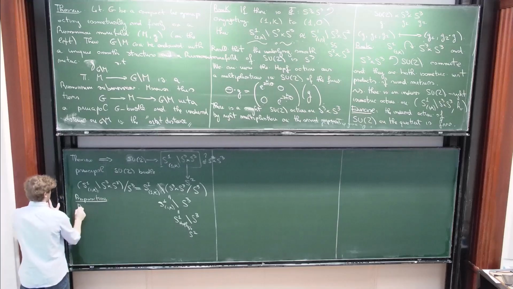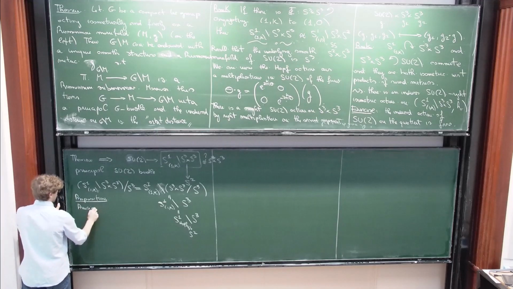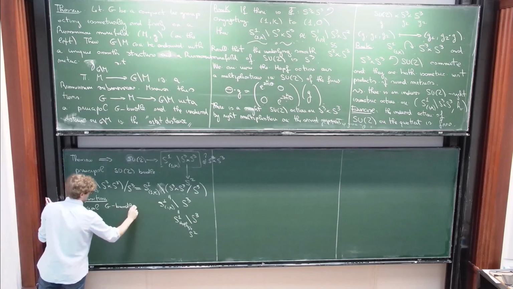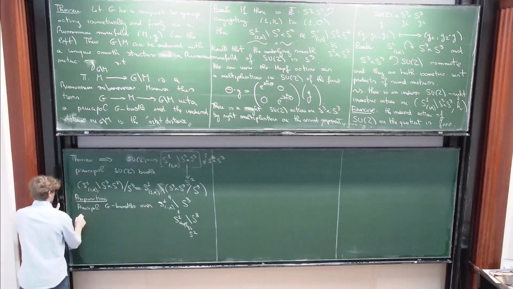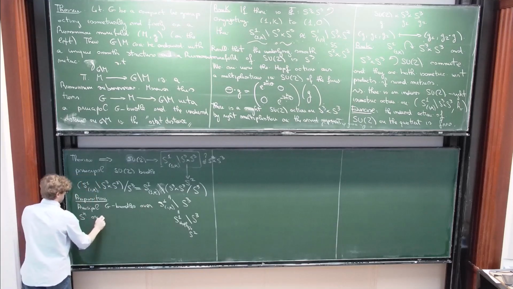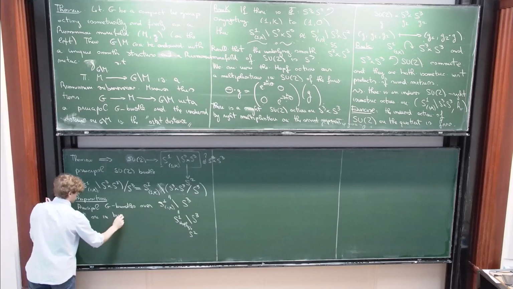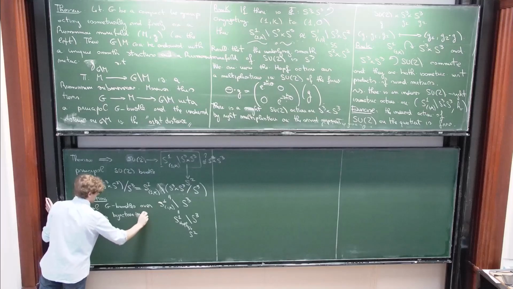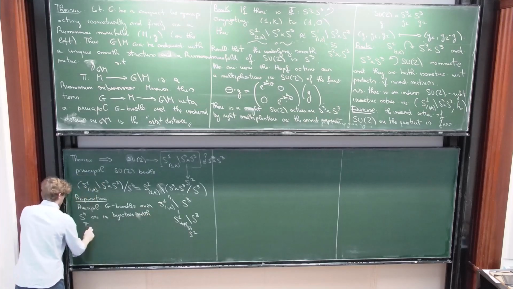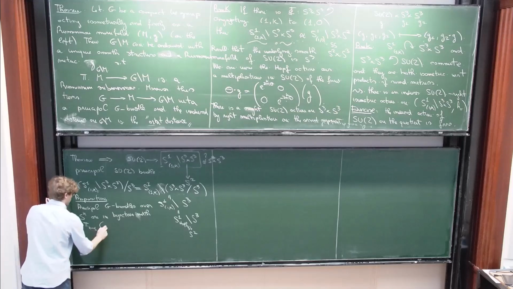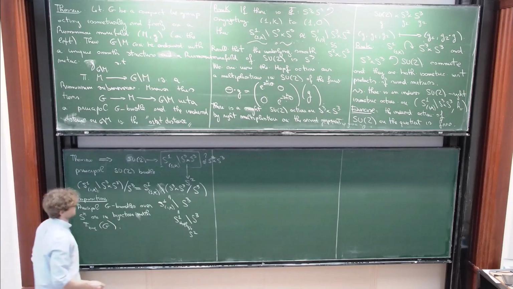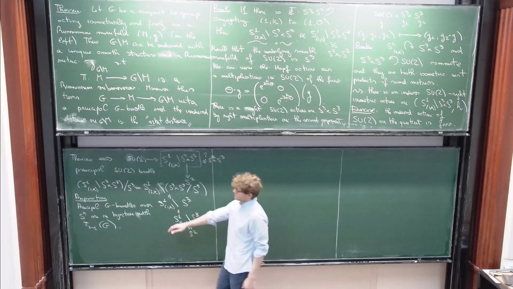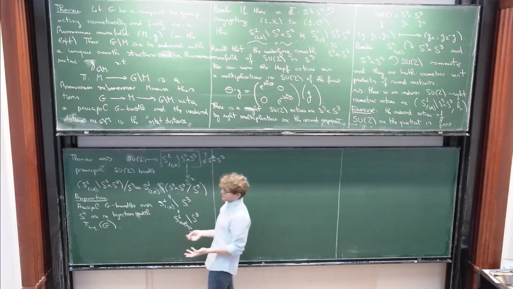Which says that principal G bundles over a sphere S^n are in bijection with pi_{n-1} of G. So for us, n is equal to 2, G is SU2, whose underlying space is S3.